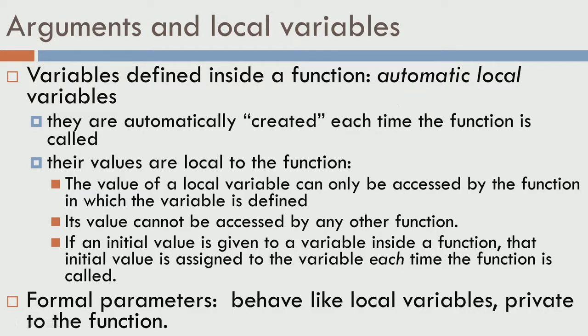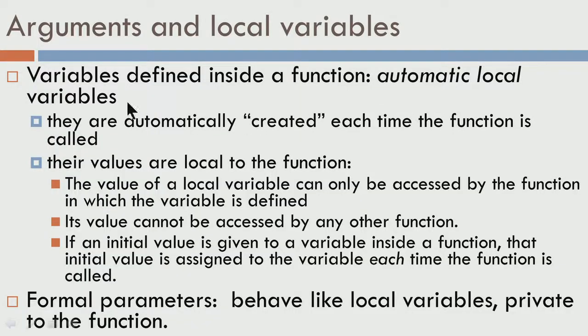The reason we call them automatic local variables is that they are automatically created by the compiler each time the function is called. The key thing to notice is that they are created each time the function is called. The values that you have for these variables are local, that is why we call it local. So, these variables are automatically created, but they are local to the functions.